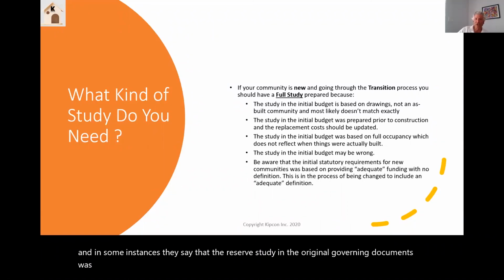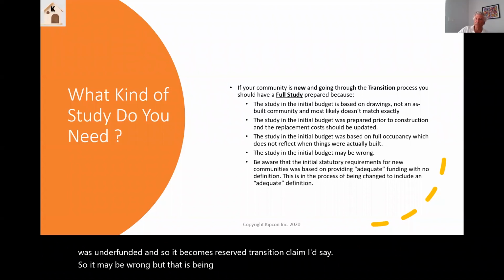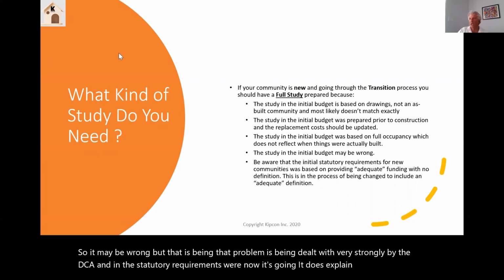And so it becomes a transition claim, I'd say. So it may be wrong, but that problem is being dealt with very strongly by the DCA and in the statutory requirements, where now it does explain what adequate funding means.